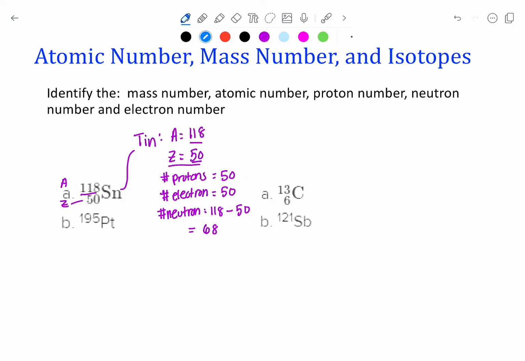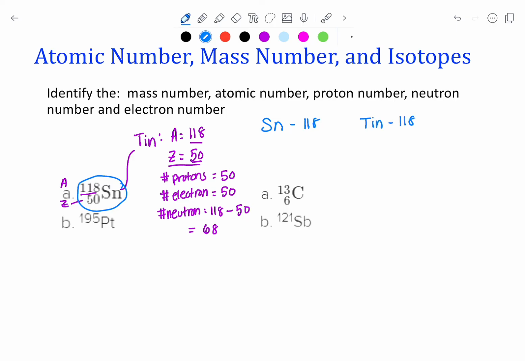Now we can express this atomic symbol in a different way, which you may see first in some of our practice that we're going to do here, but you may also see it in your ALEKS homework. So you may also see this referred to as Sn with a dash 118, or you would see it as tin-118.